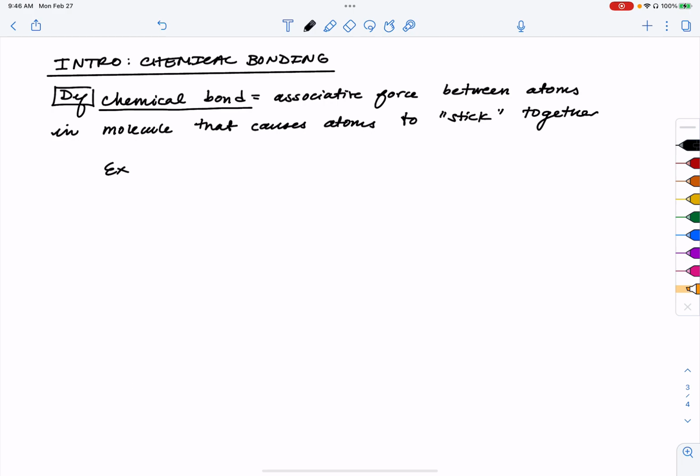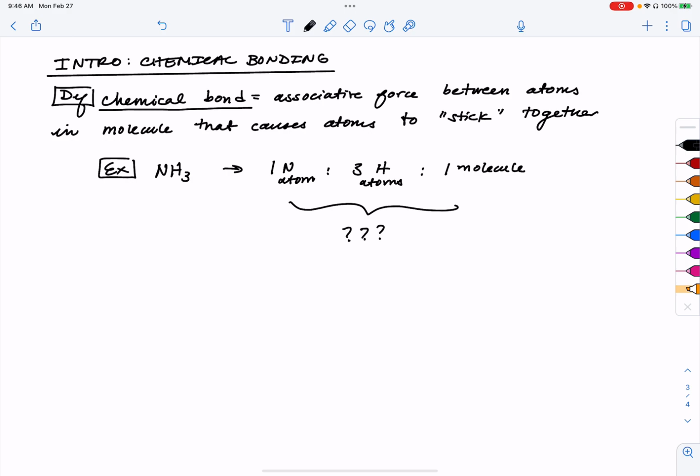So for example, if we recall something like ammonia, NH3, this means we have one nitrogen atom for every 3 hydrogen atoms for every one molecule. But how are these put together?